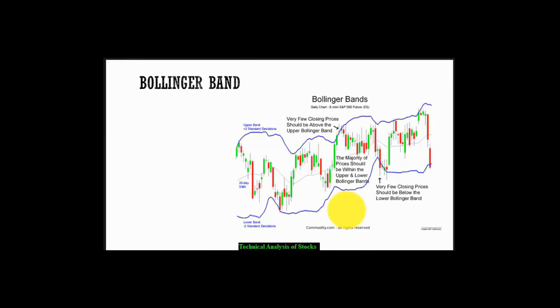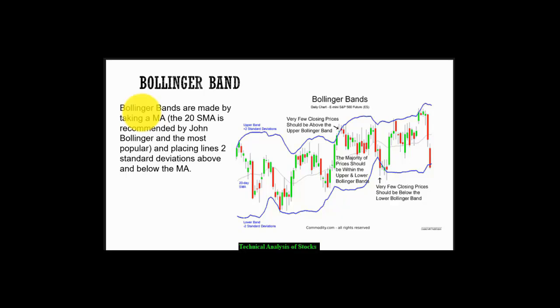Bollinger Band oscillator gives you the movement of the stock prices within a band. Bollinger Bands are made by taking a moving average, normally a 20-period simple moving average as recommended by John Bollinger and the most popular one, and placing two lines two standard deviations above and below the moving average.